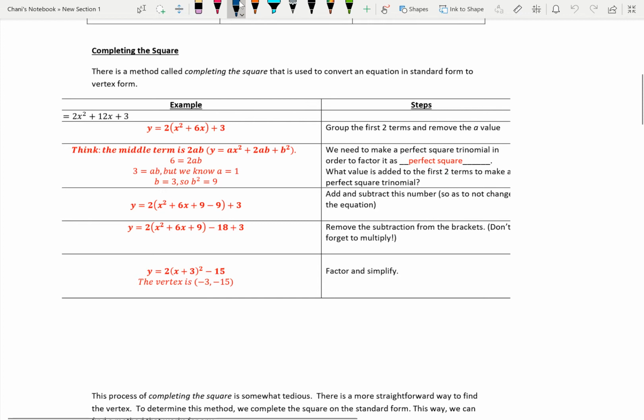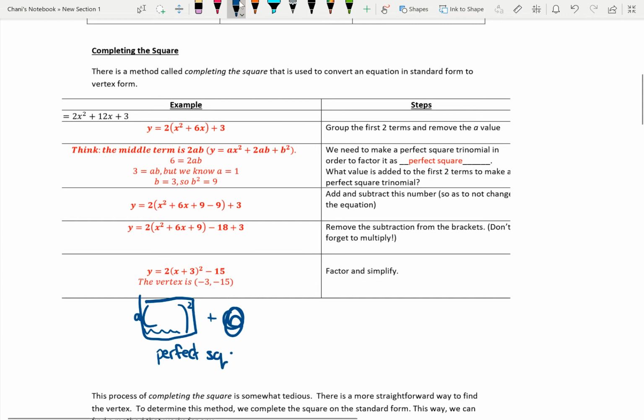So vertex form always has an a value, which is the same, and then it has a perfect square, and then it has some number out here. So the thing here that we need to realize is that in order to get it into vertex form, we need to create a perfect square trinomial that we can then factor to become a perfect square.